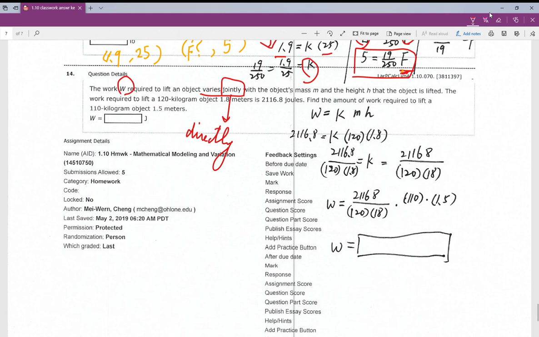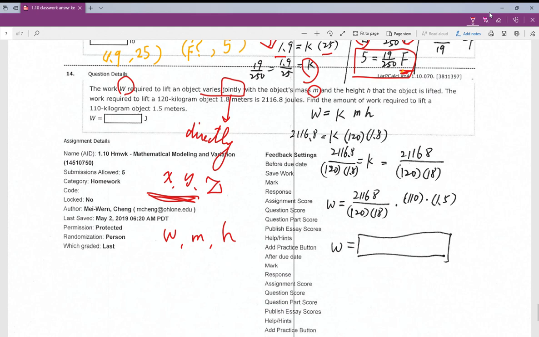Now why don't they say directly? When they say jointly, it means there are more than x and y. So you have x, y, probably z. And right now here we have W, M, and H. So you don't have just x, y. You have more than two variables. We say jointly.